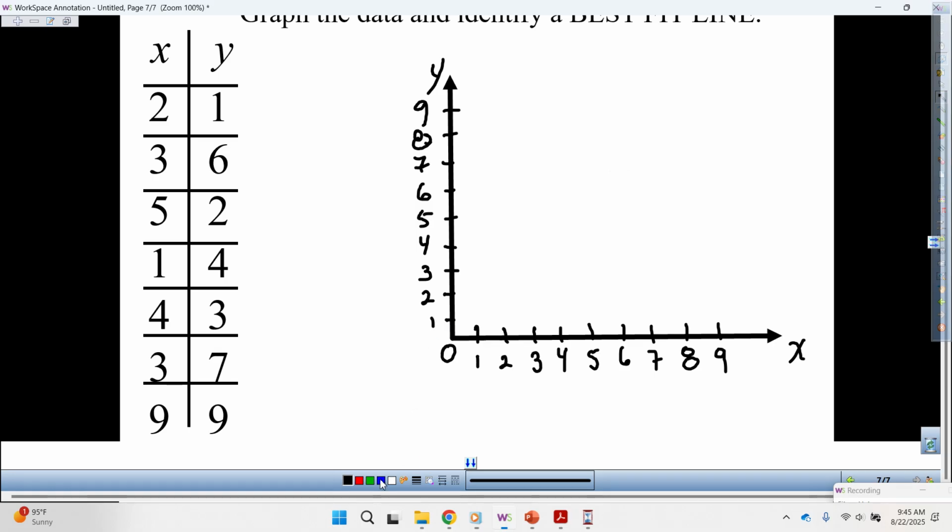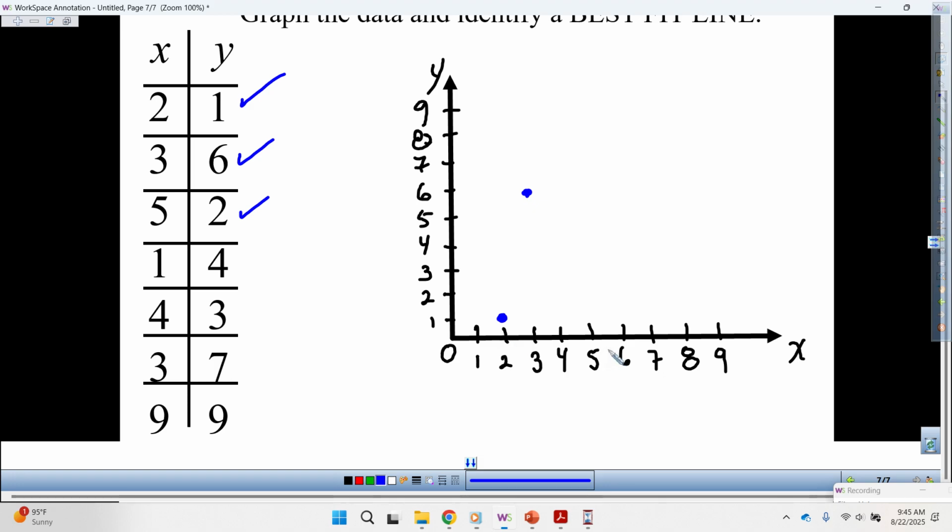All right. Next, let's plot our points on your paper. Here it goes. First one, (2, 1). 2 of x, 1 of y. Next one, (3, 6).